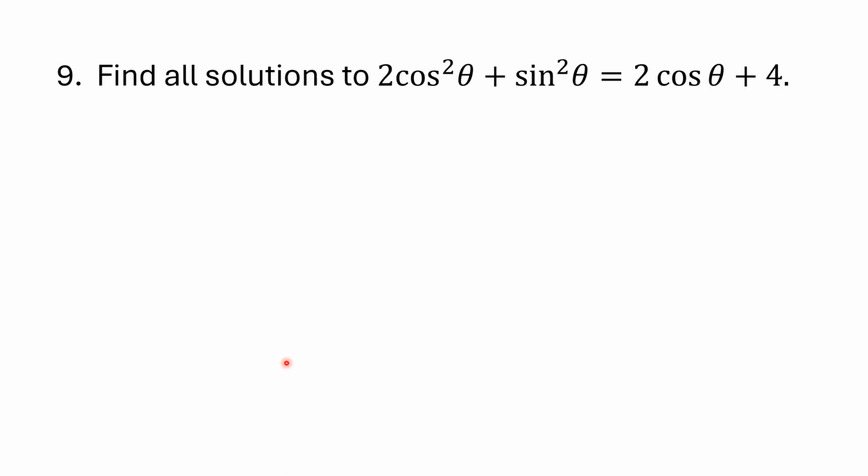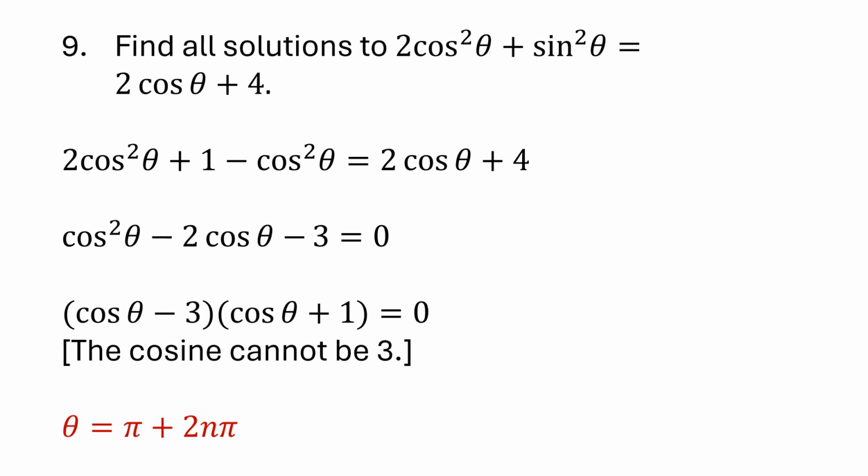Find all solutions to 2 cosine squared theta plus sine squared theta equals 2 cosine theta plus 4. Well, here we have a mixture of cosines and sines, and it looks like it would be a nice quadratic if we could just make it all cosines. Well, we know that sine squared plus cosine squared equals 1. So I can replace the sine squared theta with 1 minus cosine squared theta.